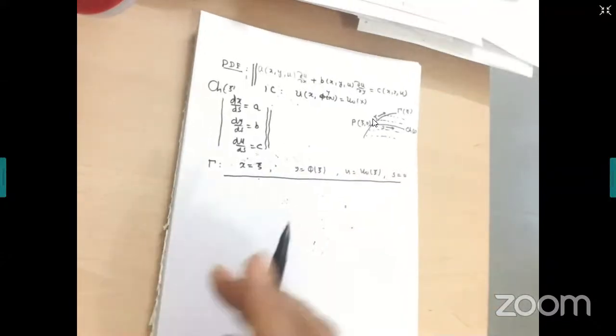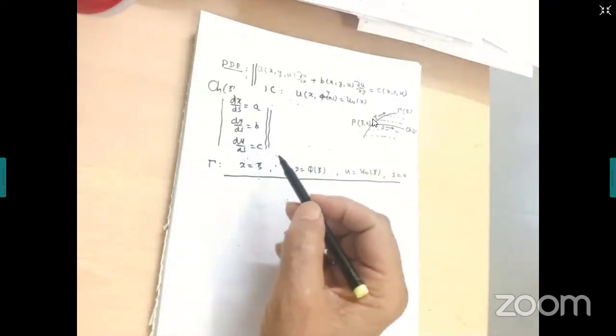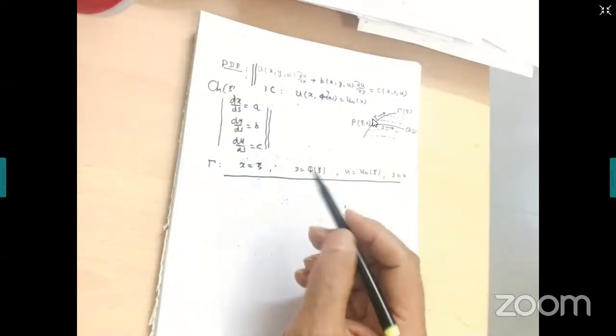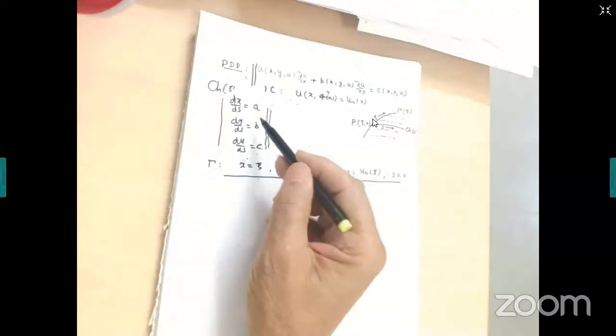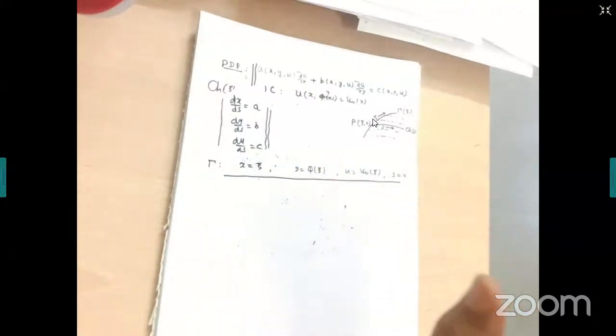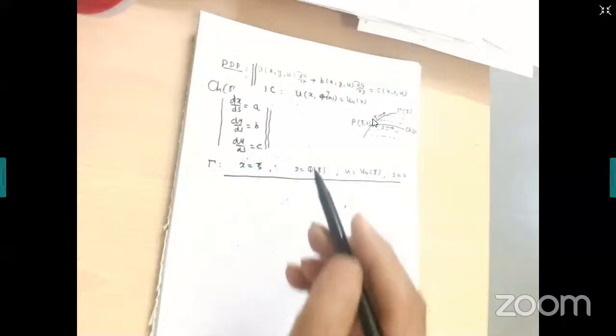Is that right? The theory of existence and uniqueness of ordinary differential equations ensures that if these functions A, B, C are of class C1, then this initial value problem has a unique solution. Is that right?